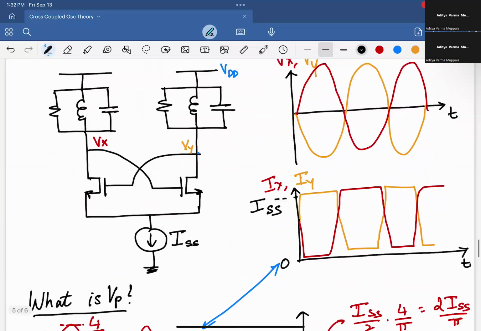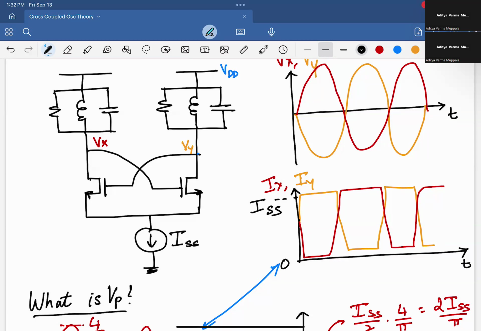And we said, if the drain currents are driven strongly by the GM of the transistors, then you should get a square wave for the drain currents. And when one branch is fully conducting, the other one doesn't have any current.